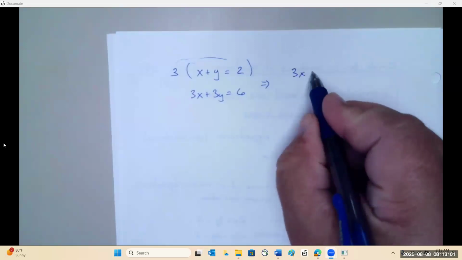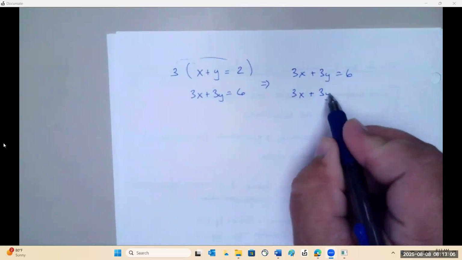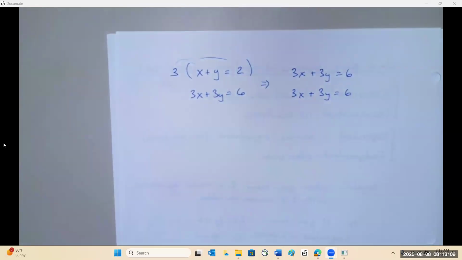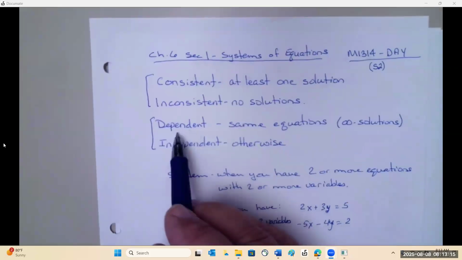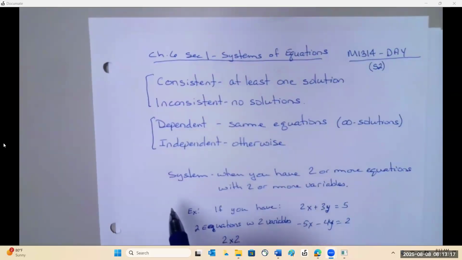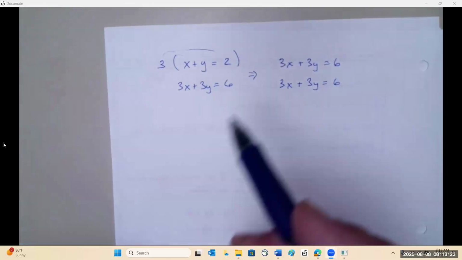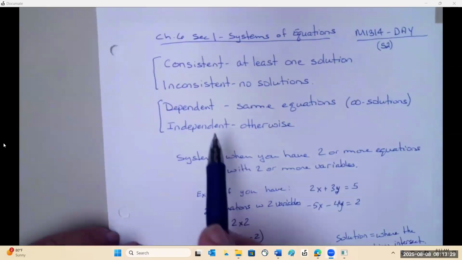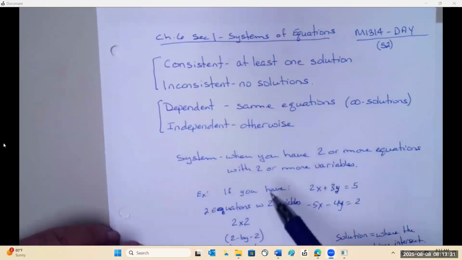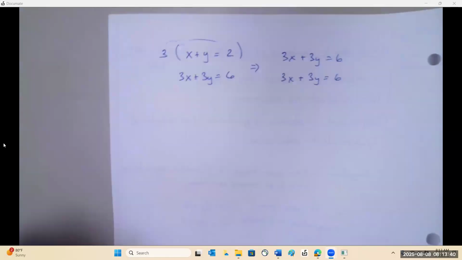I get 3x plus 3y equals 6, and it's exactly the same as the second one. So if you can do that, then it's called dependent. It's independent if you can't get them to look the same. So they're dependent if they're the same equations. They have the same solutions. They have an infinite number of solutions. They're independent if they're anything else. All right.